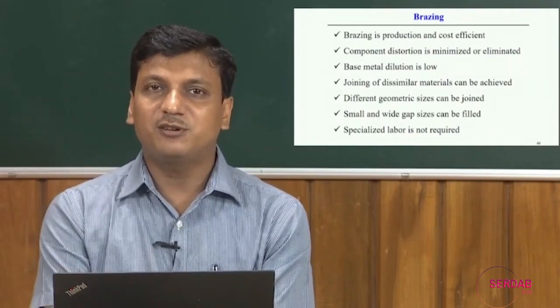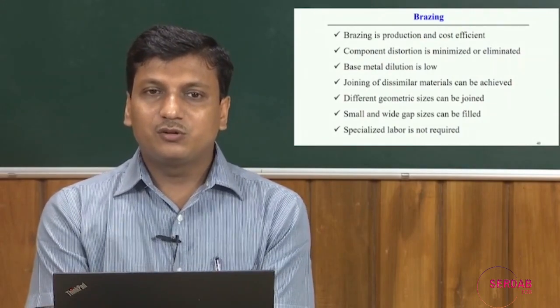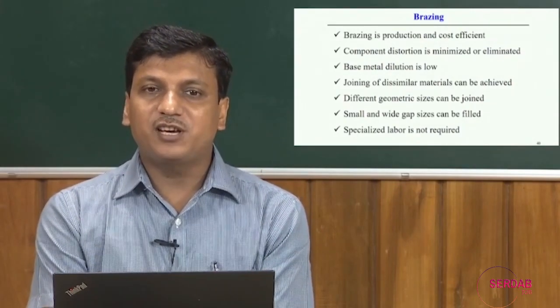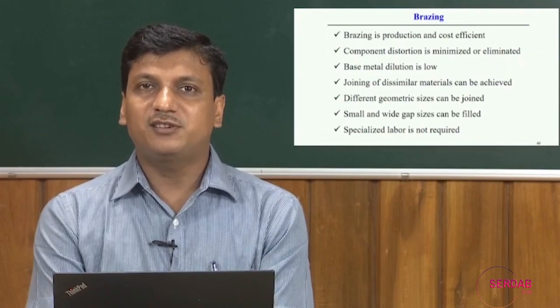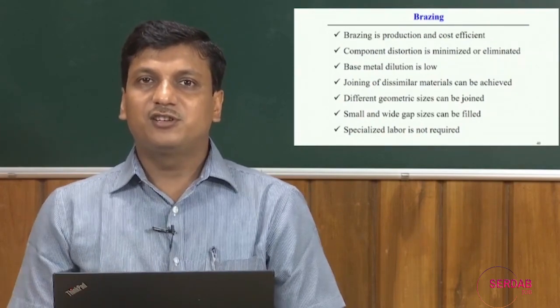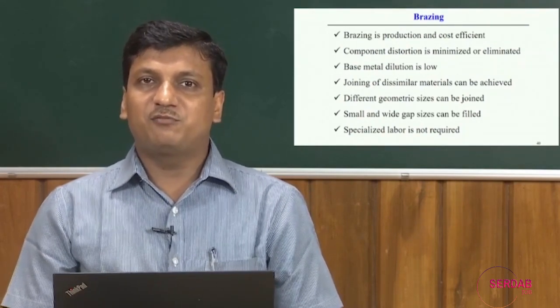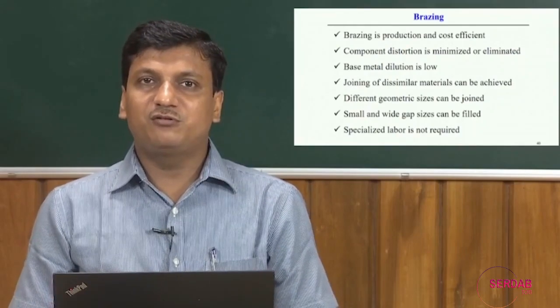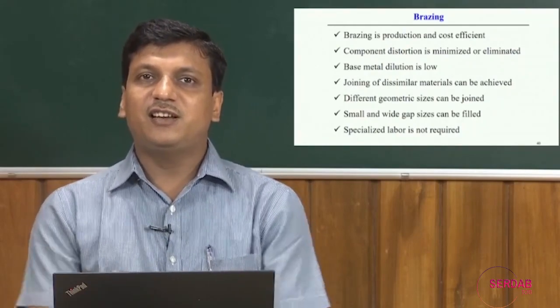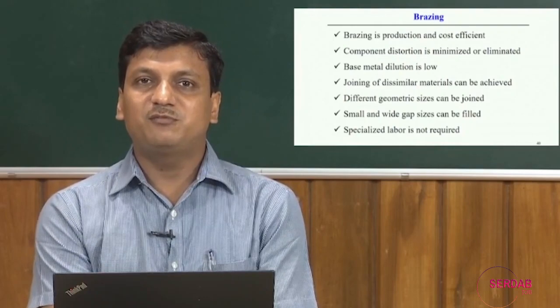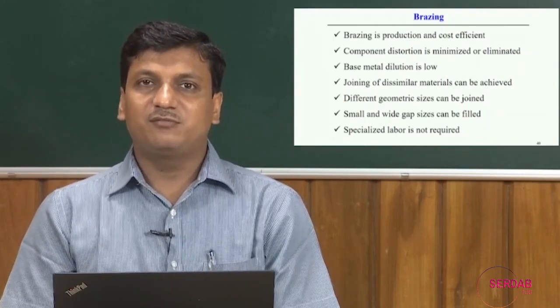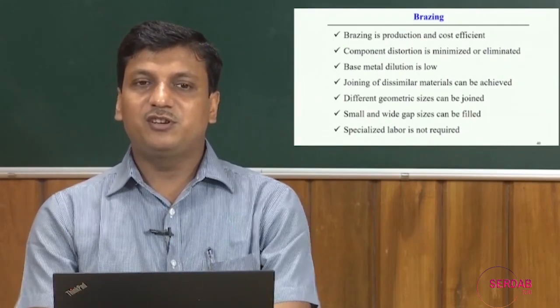That is the basic principle of the brazing process. Small and wide gap sizes can be filled. In certain cases the gaps vary from very small to very large between the two workpiece materials, and that can be filled by brazing using filler materials.